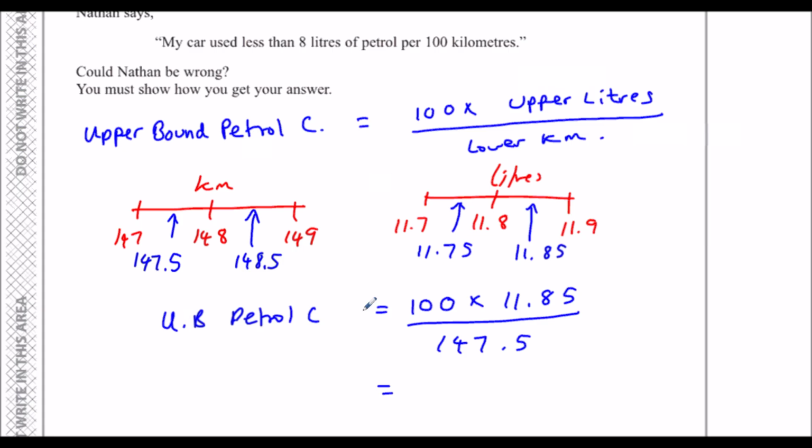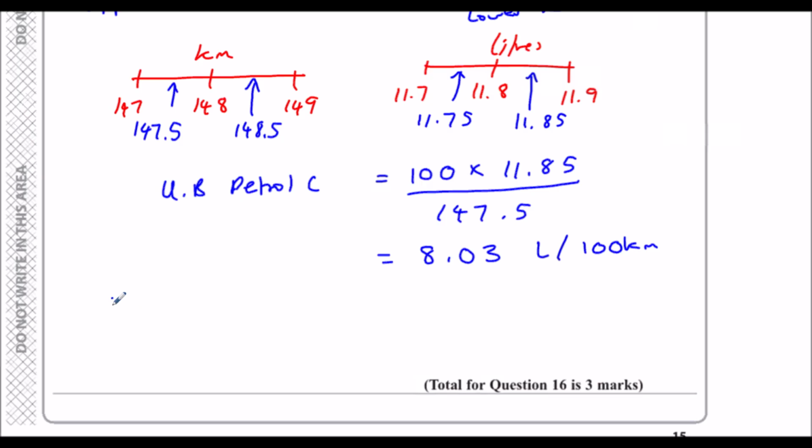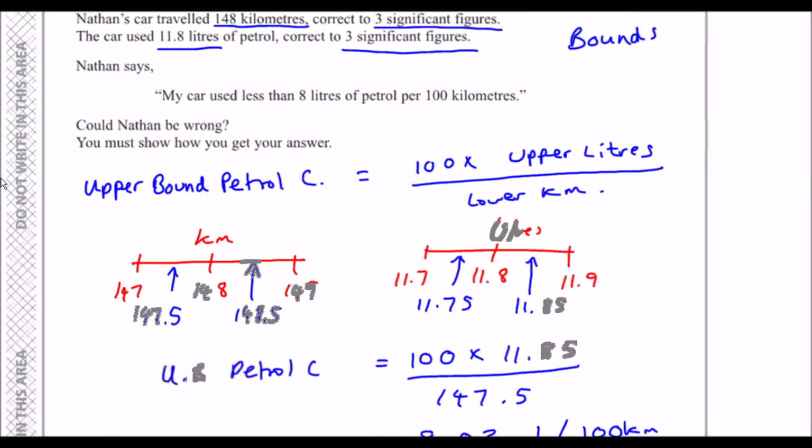And we get out 8.03 litres per 100 kilometers. So could Nathan be wrong? Yes, he could. So yes, because 8.03 is the upper bound, which is above 8.